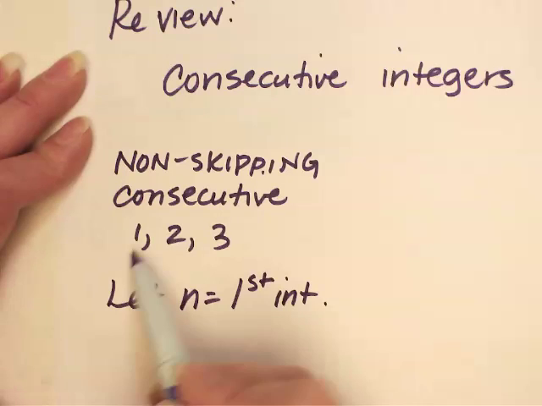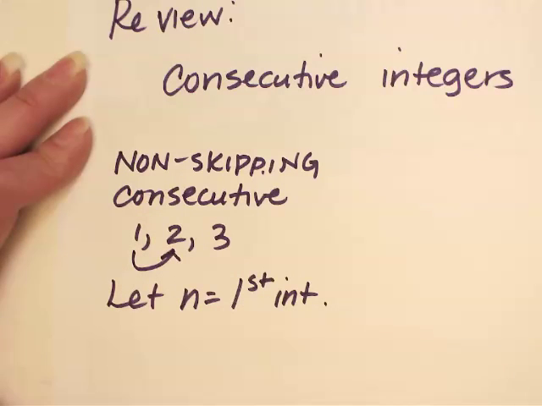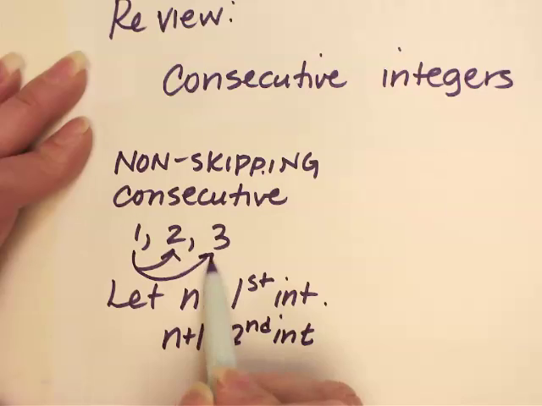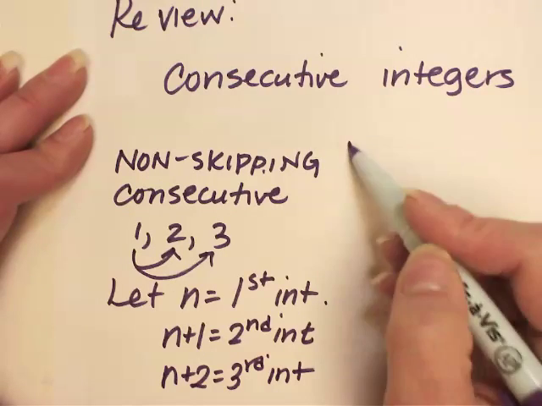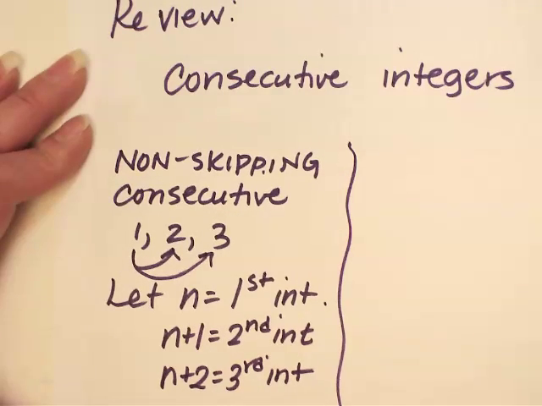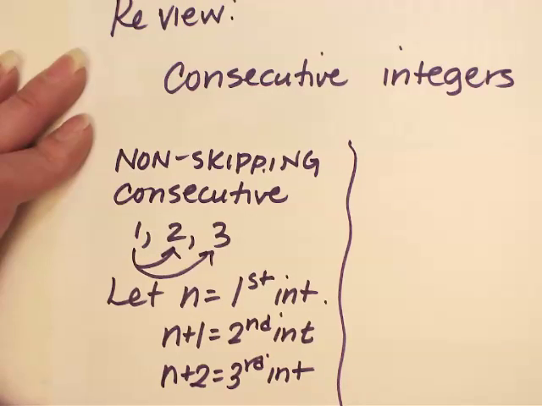Then to get from the first one to the second one, we needed to add 1. So n plus 1 is our second integer. And then from our first one to get to our third one, we had to add 2. So n plus 2 is our third integer. This is what we called non-skipping, because they didn't skip at all. We went 1, 2, 3, directly 1 to 2, then to 3.